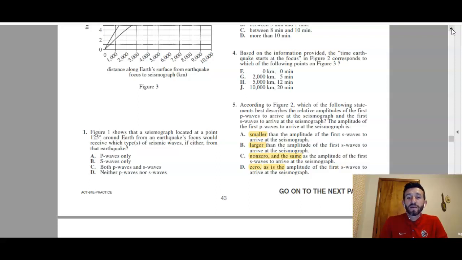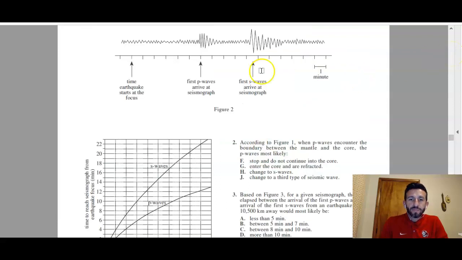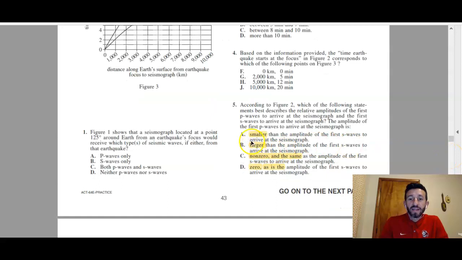Remember, I'm comparing size, something about the size of the S wave and the P wave. When I go back up over here, the P wave seems to be smaller than the S wave. So I'm going to go ahead and pick A, which happens to be the correct answer. Amplitude actually means the height of the wave.